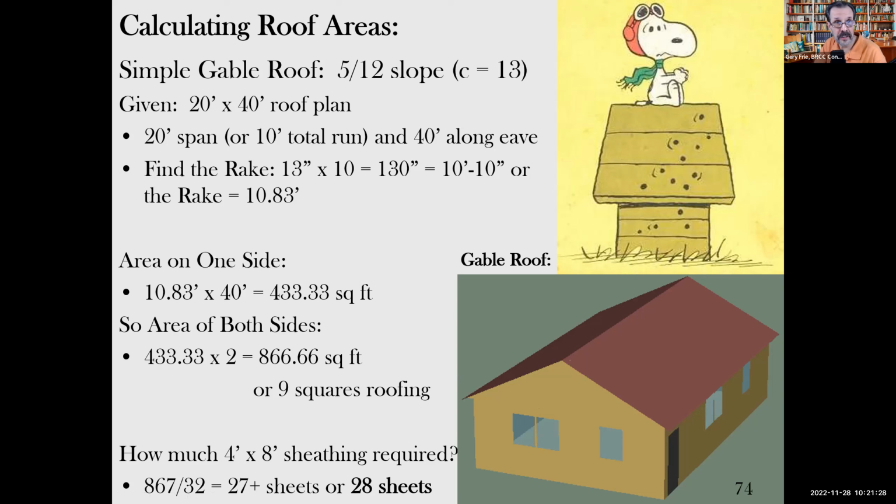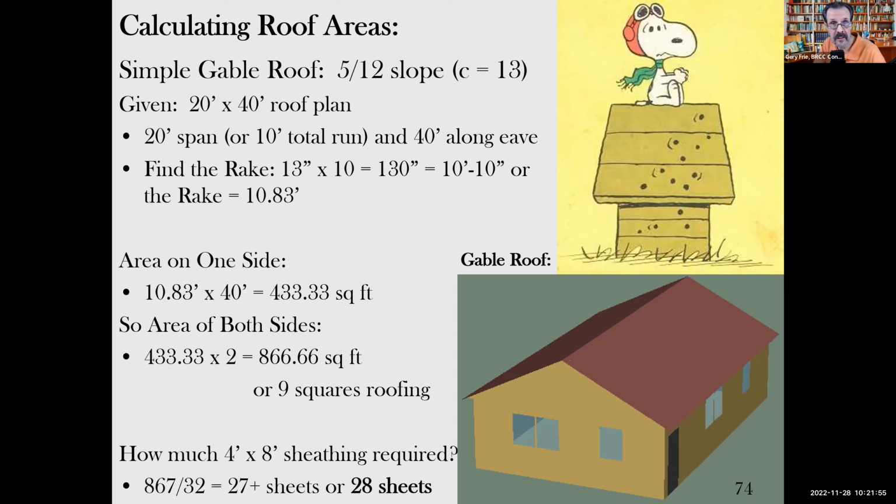A 5-12 slope is a special kind of right triangle where the hypotenuse is a nice round number. It's 13. And us teachers like those numbers, so hint, hint, that can be helpful on an exam. It'll probably be helpful in your estimating course to know that special triangle. Us carpenters love that slope. It's an easy slope to walk around on, and the math is easy.